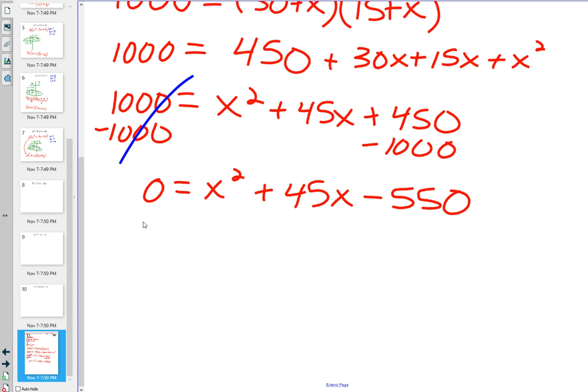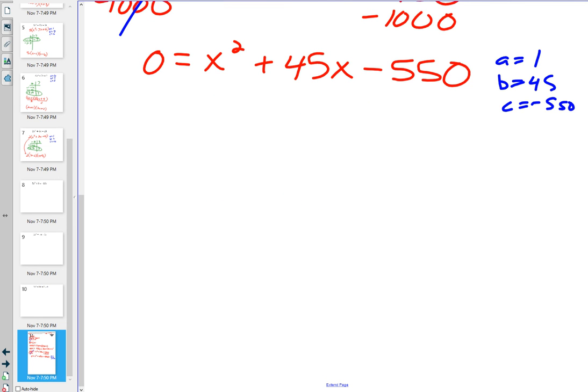I got 450 minus 1,000, negative 550. So my A is 1, my B is 45, and my C is negative 550. I'm going to have to think of all the numbers that multiply to give me negative 550.